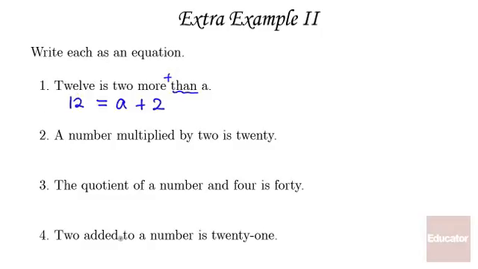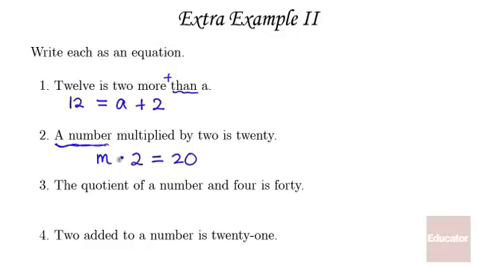A number multiplied by 2 is 20. A number, again, we see that, so I can say M multiplied times 2 is 20. M times 2 equals 20.